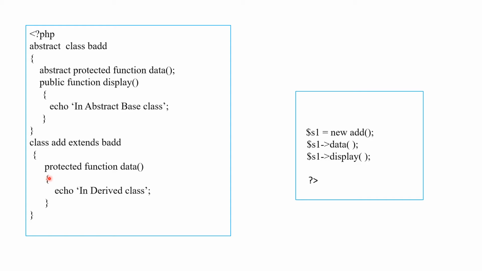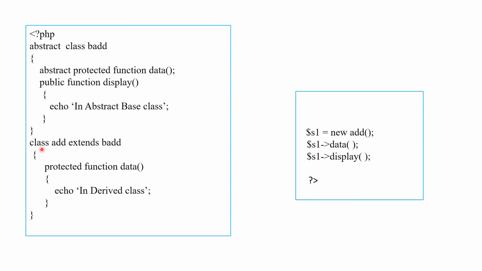This is an example of an abstract class. You create BAdd as an abstract class. In this class, you create one abstract method, with the protected access specifier, and the name of the function is data. After that, you create a non-abstract function named display, which displays the message "in abstract base class".